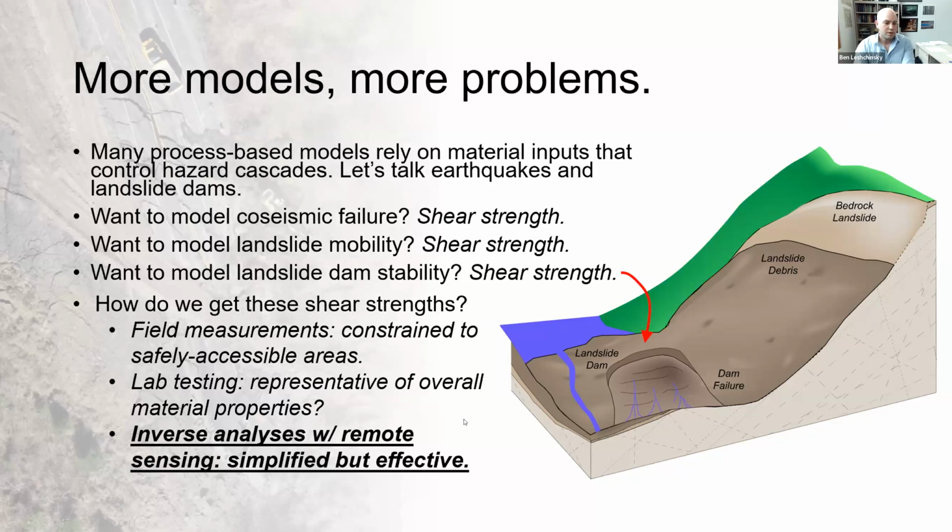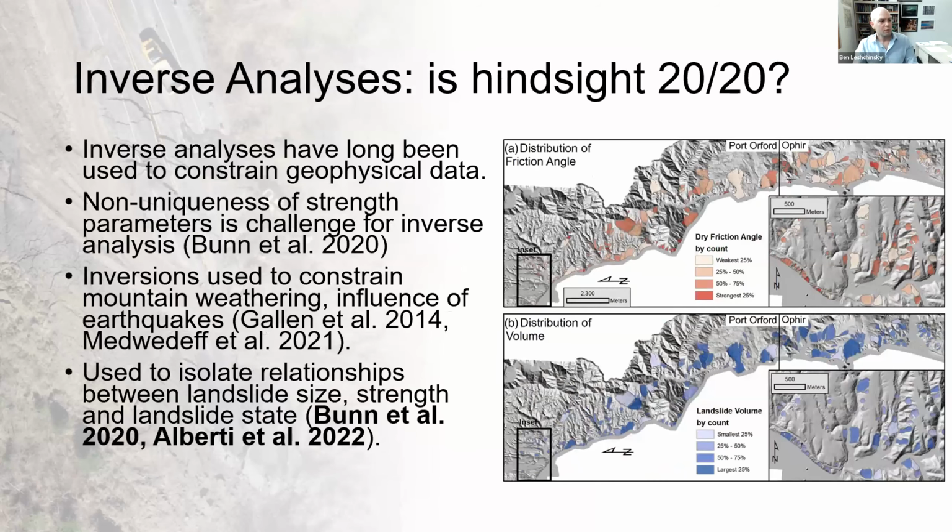And then there are inverse analyses, perhaps using topographic or remote sensing data, which in the end smear strength values, but allow us a simplified and effective means of parameterizing the heterogeneity and distribution of strength values at a larger landscape scale. In geophysics, inverse analyses have long been used.